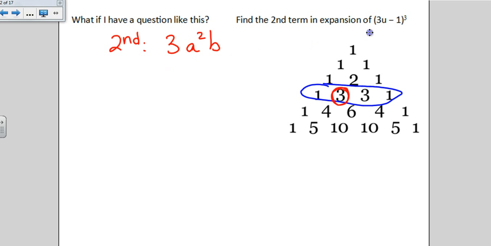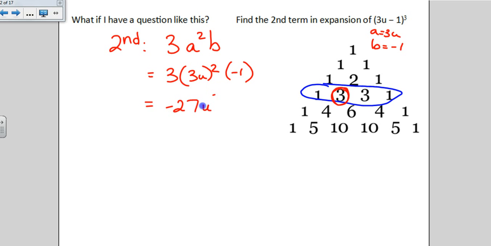So if I did that for this problem, remember your a was a 3u and your b was a negative 1. We could do that by saying 3, and then a squared would be 3u squared, and then b would be a negative 1. And of course you have to simplify this. So 3 squared would be 9, 27, so that's a negative 27 u squared.